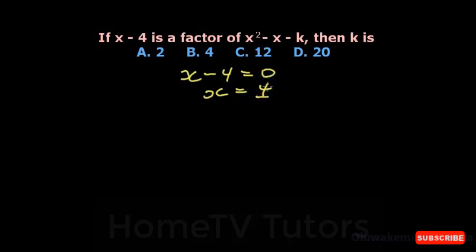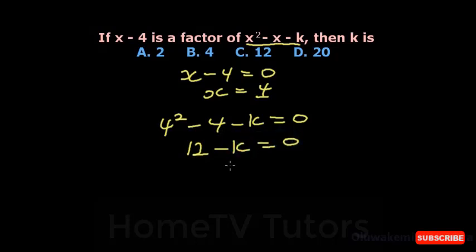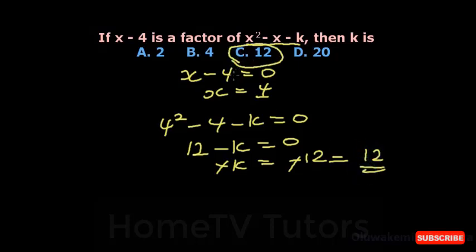If we were to substitute 4 in this equation of x raised to the power 2 minus x minus k, so we have 4 raised to the power 2 minus 4 minus k equal 0. 4 times 4, 16. 16 minus 4 gives you 12. 12 minus k equals 0. Okay, so we now have minus k equals minus 12. Minus divide minus, k is now 12. So the answer option C is the right answer.